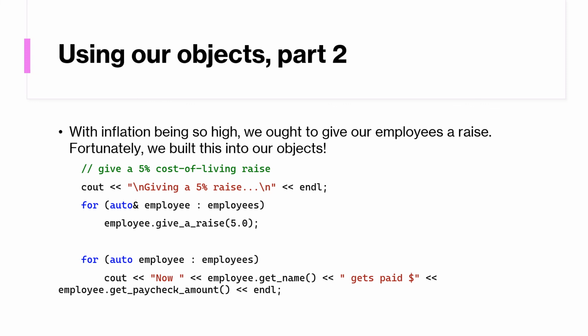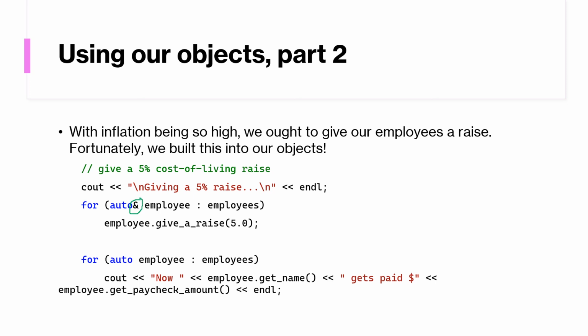So we can cout giving a 5% raise, and then for each employee in employees, we call employee.giveARaise and give them a 5.0 raise.